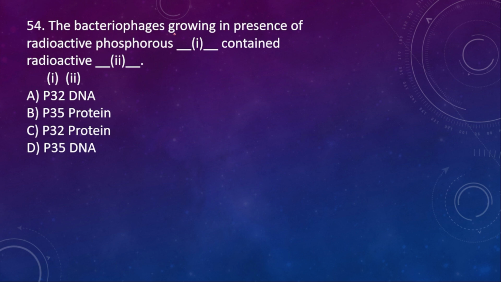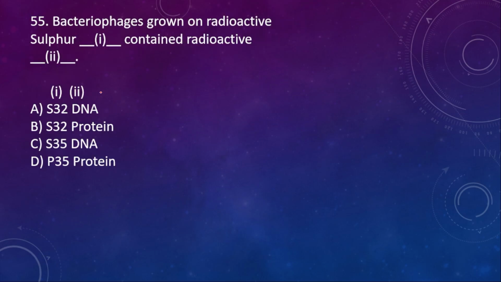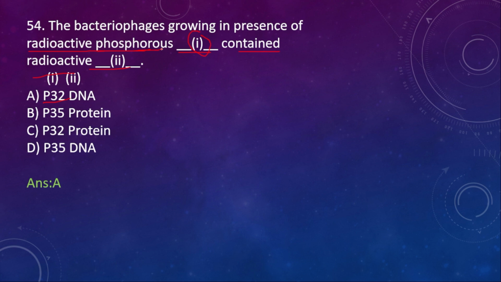Question 54. The bacteriophage growing in the presence of radioactive phosphorus contains radioactive what? The first one is P32 and it contains radioactive DNA. Here he is asking about phosphorus, so for phosphorus, radioactive P32.